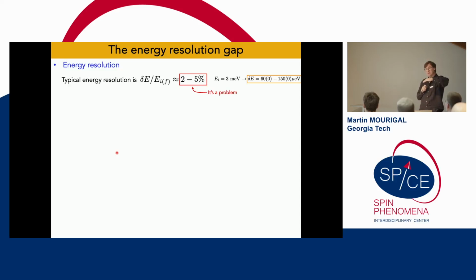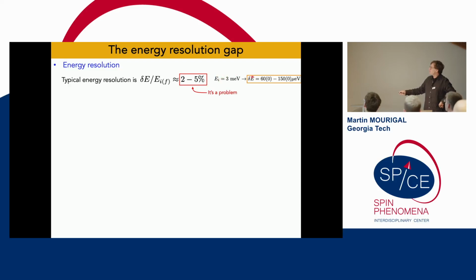Imagine this as the top of the bandwidth of your system. Your resolution is of the order of 2 to 5%, which, if you compare to optics, is absolute rubbish. What you've shown yesterday, for instance, with your optical spectroscopy where you can resolve essentially megahertz, our resolution is absolute crap compared to what you can do with lasers and optics.